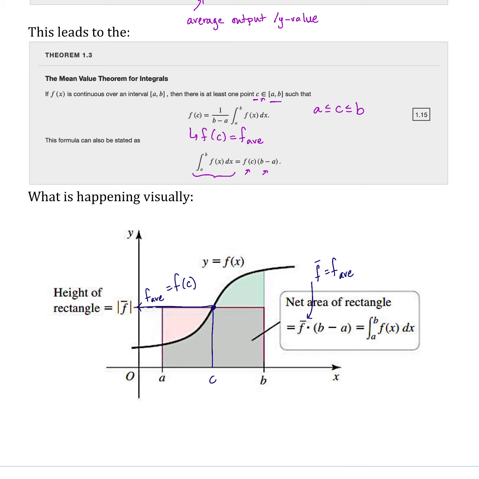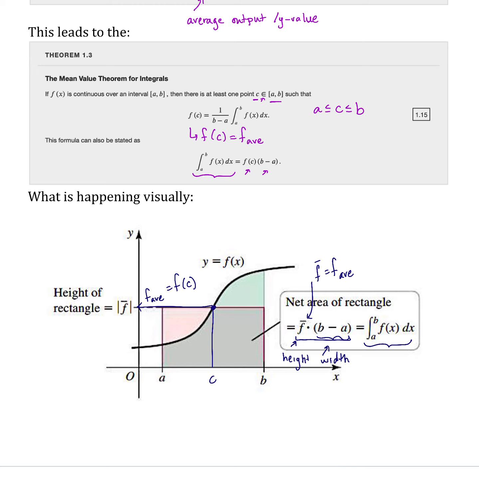And then what it's saying is that this integral from a to b, which is our area under our curve, is equal to the rectangle. So this makes a rectangle. This is the height of the rectangle, and this b minus a is the width of the rectangle.